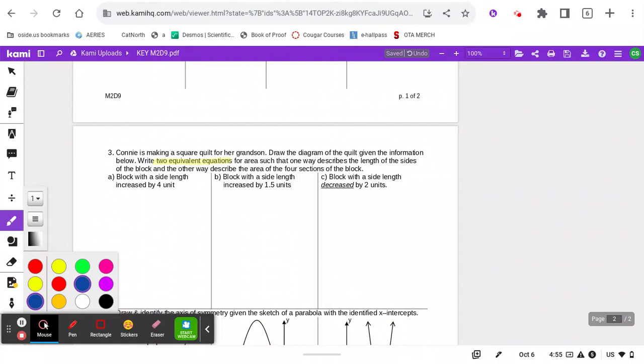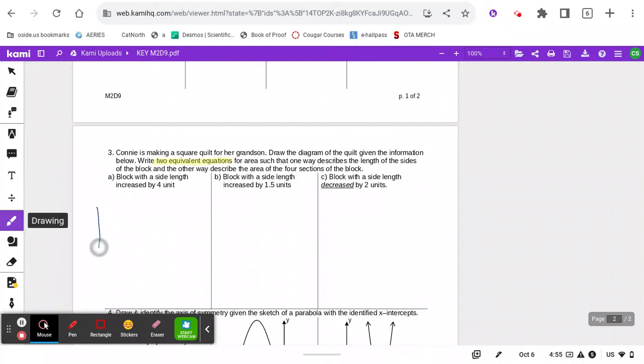A block with the side length increased by 4 units. Start with a typical x by x quilt block, and then increased by 4 units on each side.